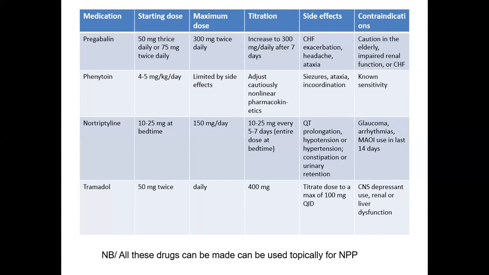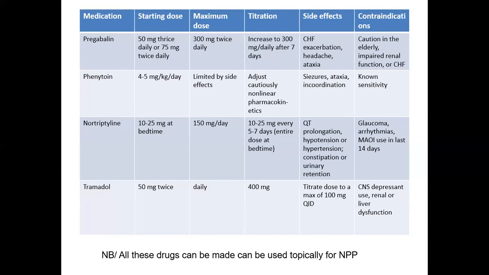pain is. This is mostly applicable for pain that is limited to a small region. So you can crush your pregabalin, you can crush your phenytoin, your amitriptyline, your lamotrigine, your tramadol into powder, make it into a paste, and then apply it on the affected part.